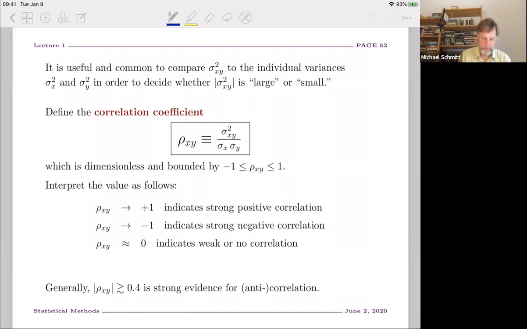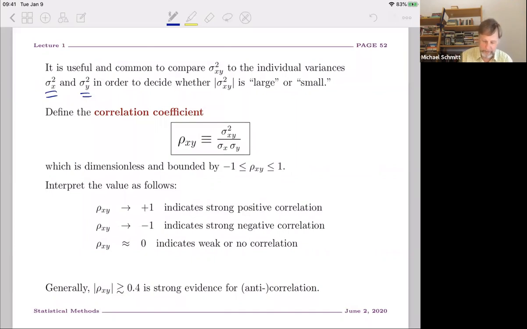And so just looking at the value for sigma squared xy by itself doesn't tell you if two variables are correlated or not. It only tells you something if you compare to the variances, right? So if the variances are measured in meters and your covariance is in millimeters, yeah, that's a small covariance. But if everything is measured in millimeters, maybe it's not a small covariance.